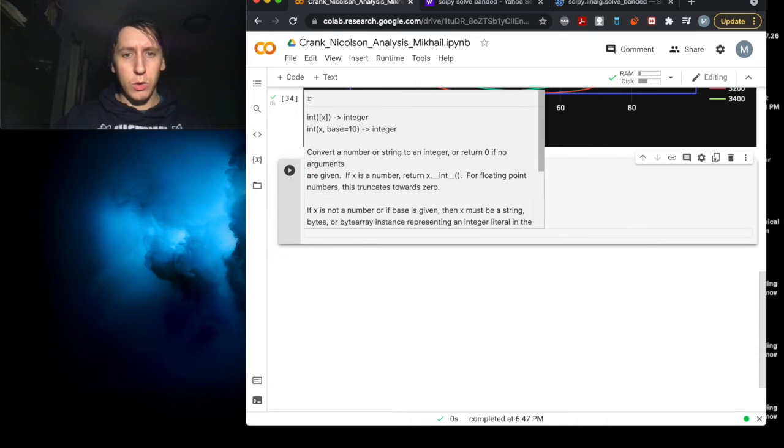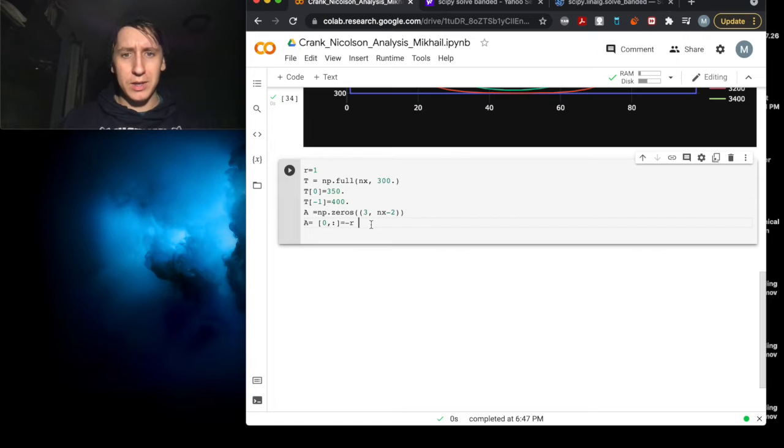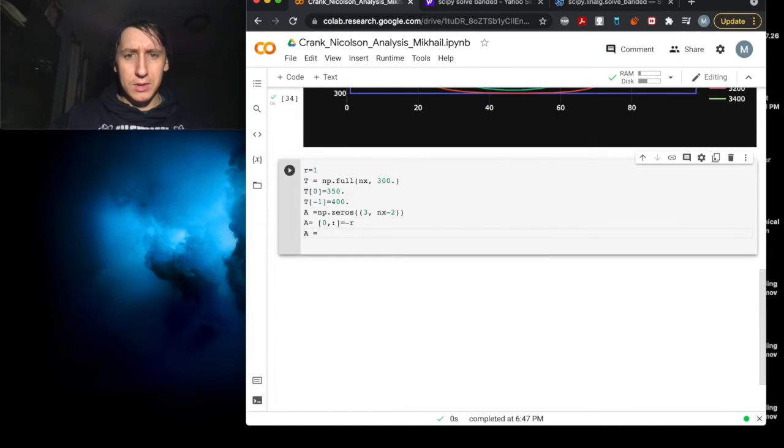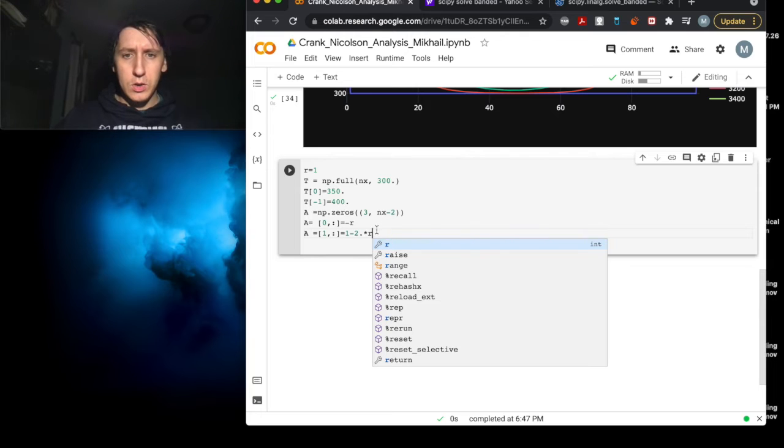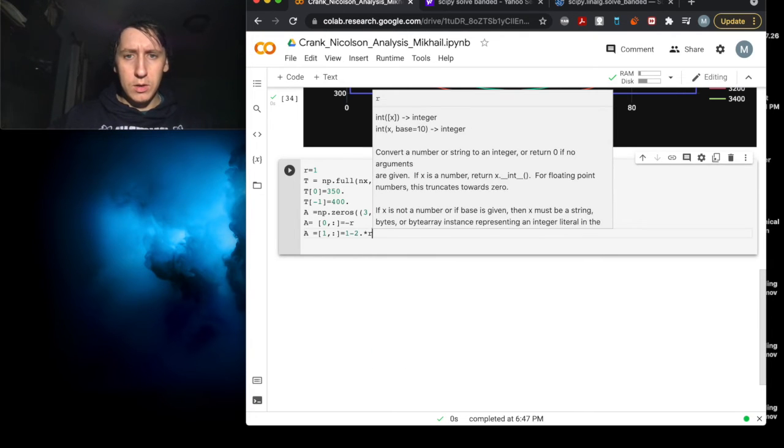So we have a, and then we want to put that it's going to be 1 to the end. And then we want to basically say it's going to be that 1 minus 2 times r. So then that's what we have there.